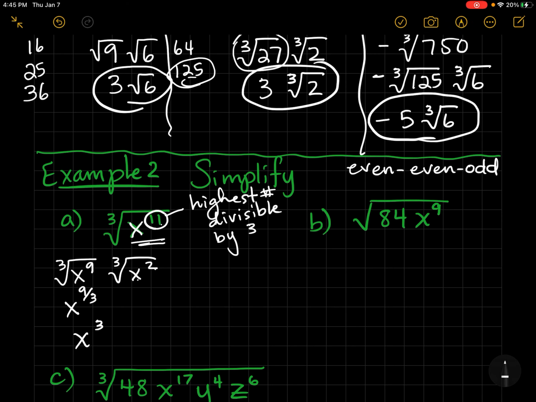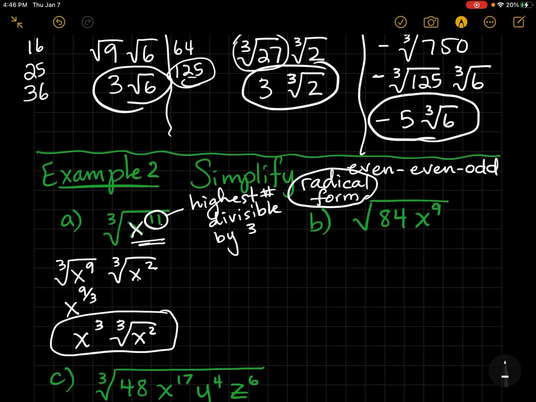Okay? And when we simplify, we want to leave it in radical form. Remember that. You want radical form. Alrighty? So I'm going to leave this as the cube root of x squared. Alrighty? And because this is odd and this is odd, I don't have to worry about the even, odd rule.